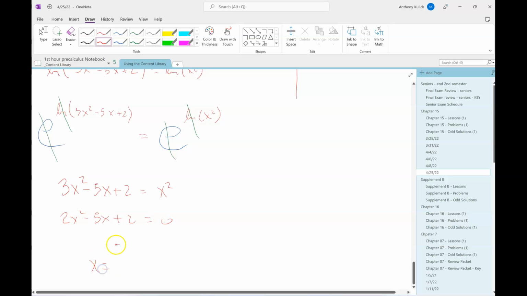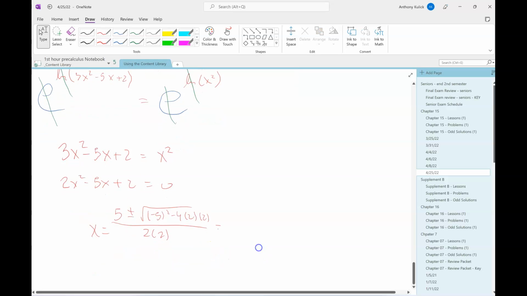All right, so negative b plus or minus square root b squared minus 4ac all over 2 times a. So what do I get there? 25 minus 16 is 9. So that's 5 plus or minus 3 over 4. So 5 plus 3 over 4 is 2. 5 minus 3 over 4 is 1/2.